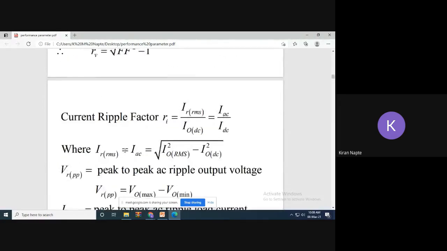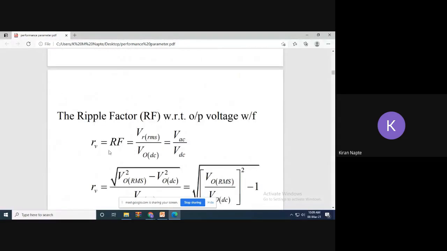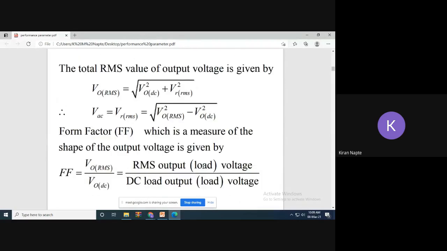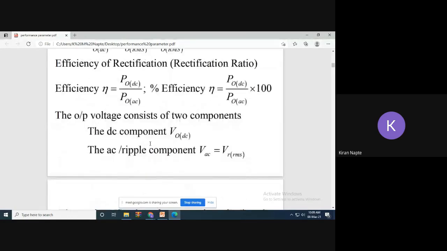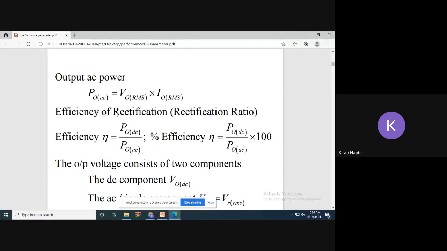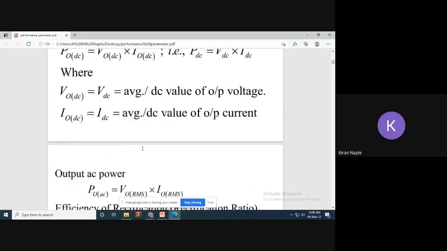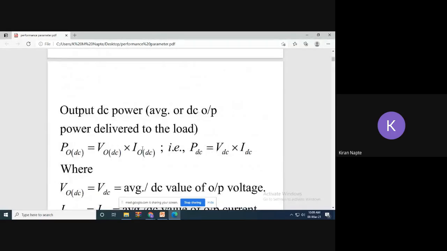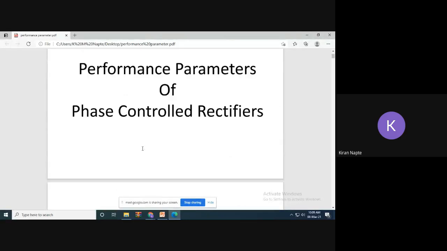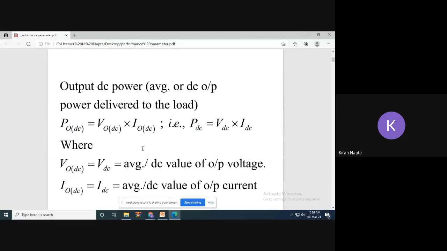Then current ripple factor, then ripple factor with respect to output voltage, then form factor, then efficiency of rectification, and then output DC power. So these all are the performance parameters for the converter.